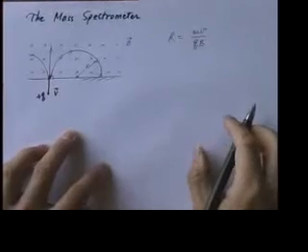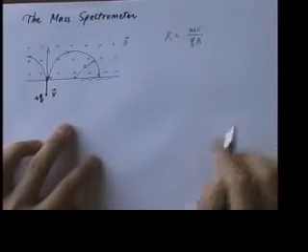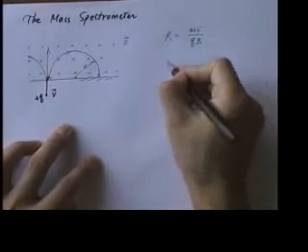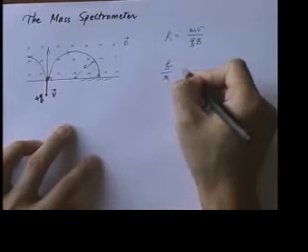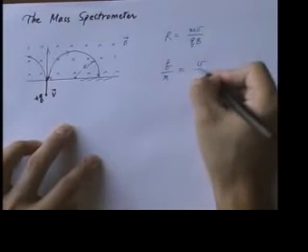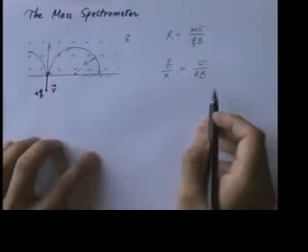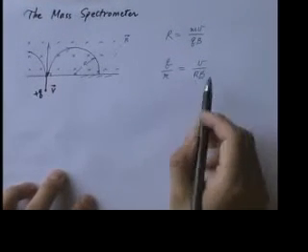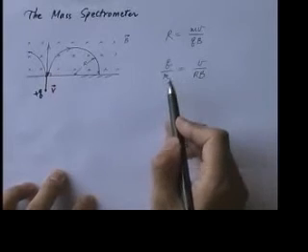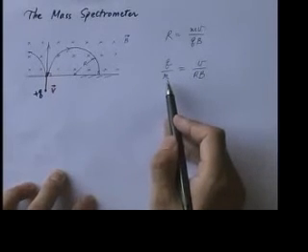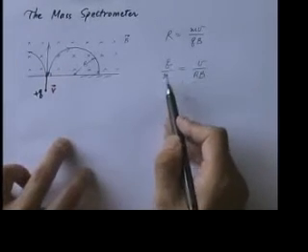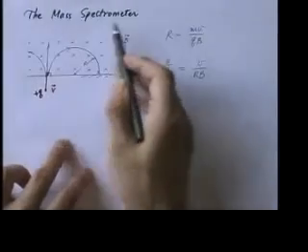From that, we can calculate the charge to mass ratio, q over m, which once again is v over rB. We said that if we can measure v, r, and B, we can uniquely identify this particle, and in particular, if we know the charge, we can figure out its mass. That's why we call it the mass spectrometer.